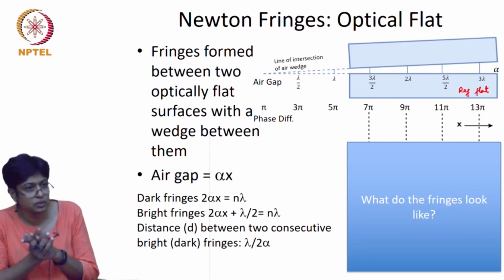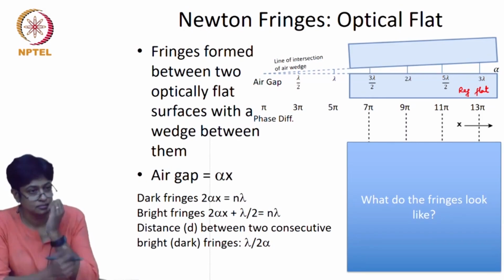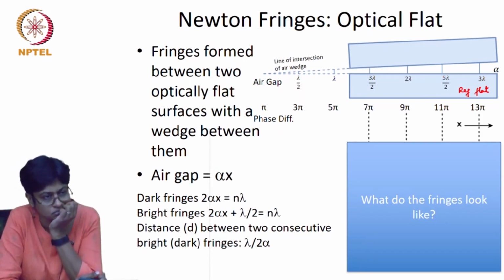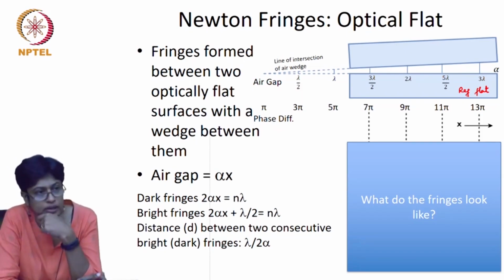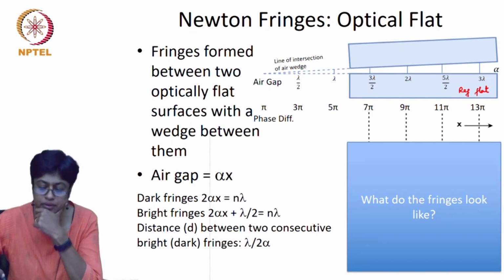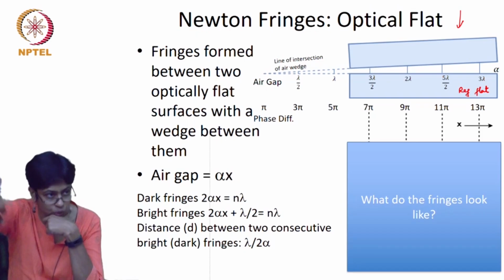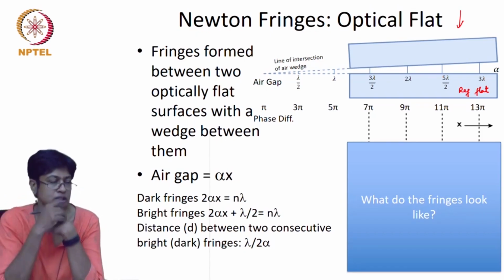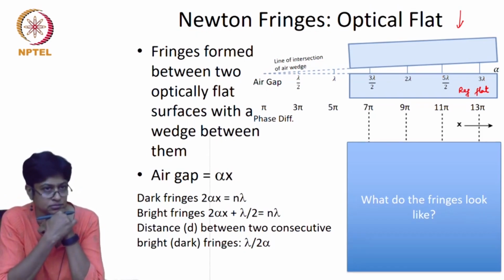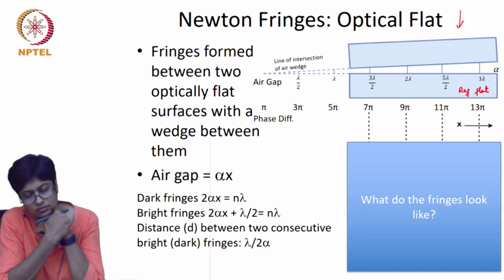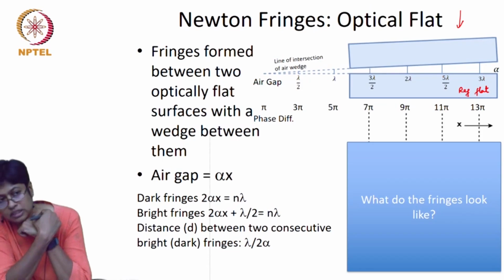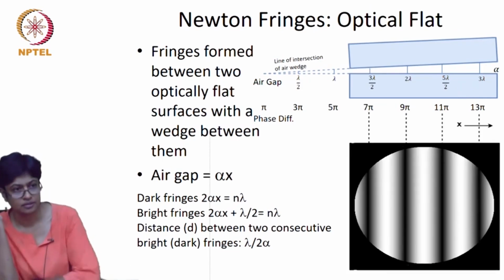What kind of fringes are we going to see? What do the fringes look like? You're looking from the top, okay. So, this is a side view, and now I'm asking you, look from the top. What are the fringes that you will see? Straight line fringes, right?